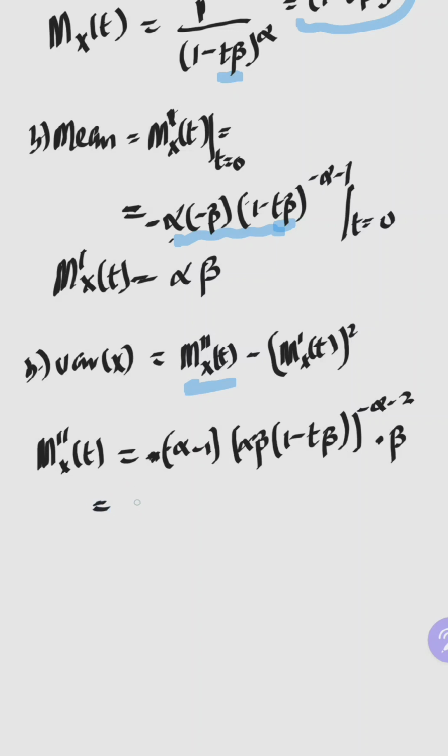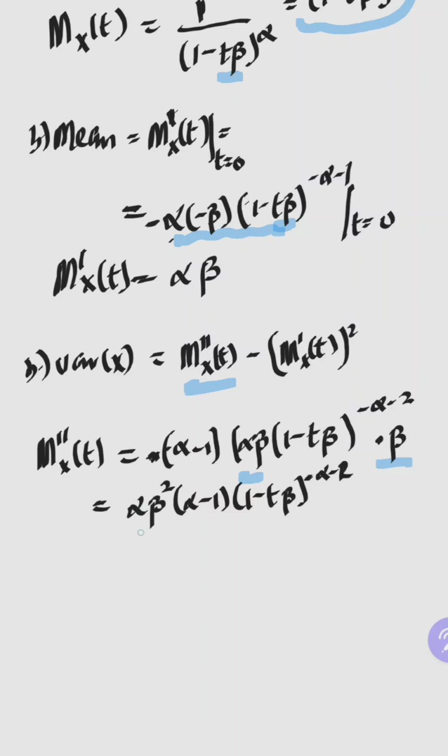Now this is going to give us alpha beta, multiplying beta. So we have alpha beta squared, alpha minus 1, (1 minus t beta) to the power of negative alpha minus 2. So that means no parentheses here, we only have one parenthesis. Good.